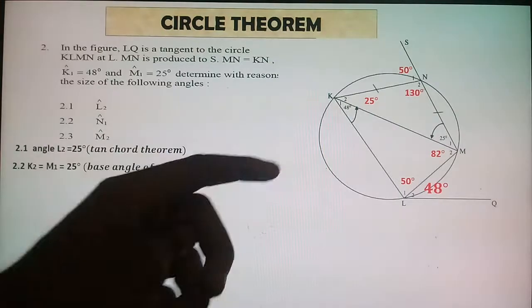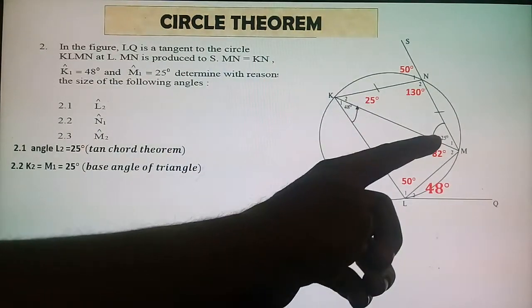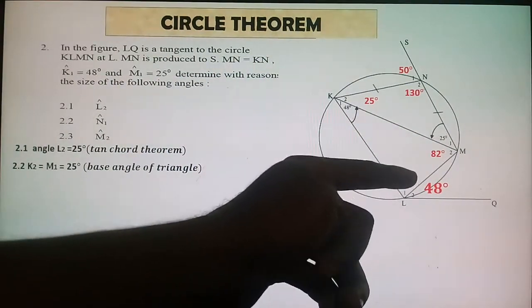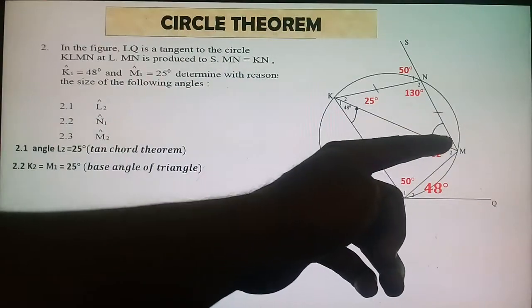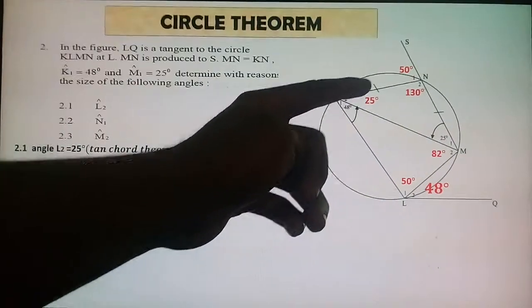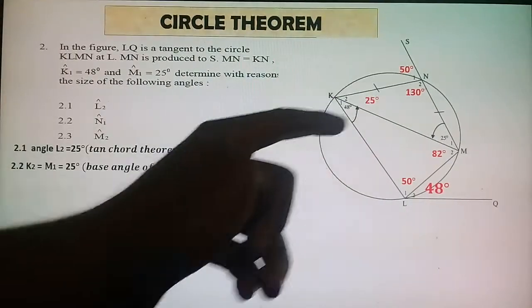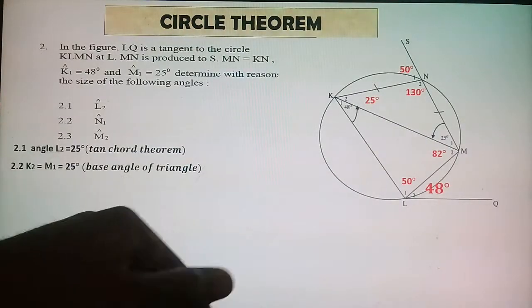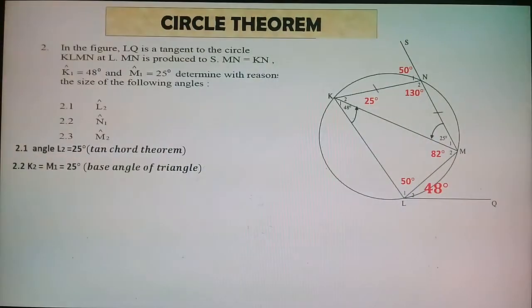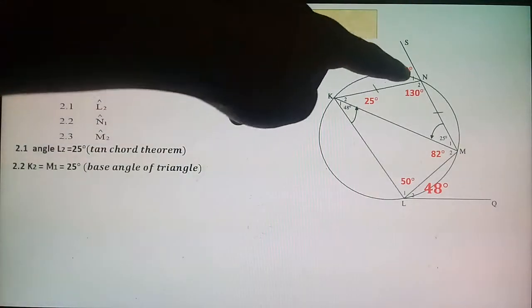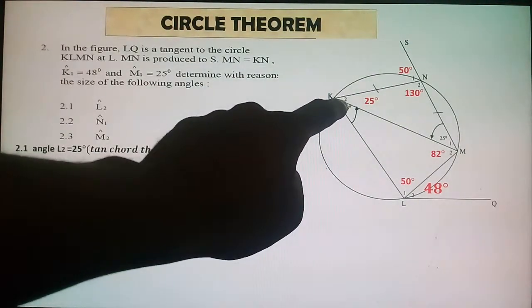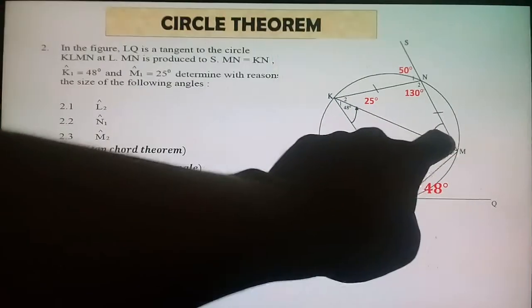Wow, how nice. You see now I have that 25 and I have that 25. What conclusion can you make about that 25, M1 and K2, related to N1 there? Because you have to find N1 there. But you know that the exterior angle of a triangle equals the sum of the interior opposite angles. It means N1 will be equal to K2 plus M1 there.